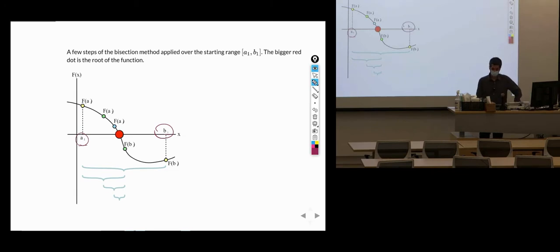Now I know that f of a1 times f of b1 is negative, right? So the idea of the bisection method is that, the first step, let's say k equals 1, or n equals 1. This is my interval.